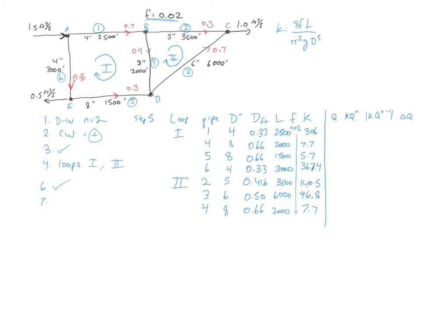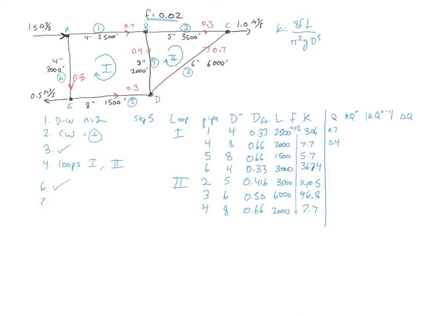So my assumptions for flow started at 0.7 for pipe 1, 0.4 for pipe 4. Now here's where it can get a little tricky. I've assumed a direction that's positive, and you can see that in loop 1, for example, I have my clockwise circle there.